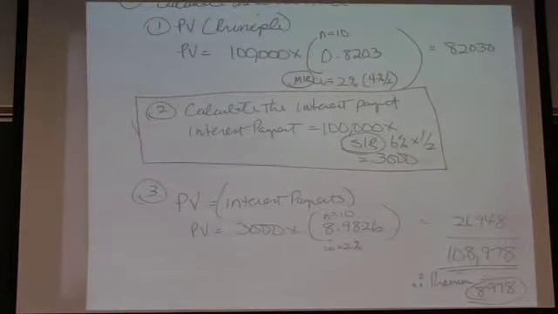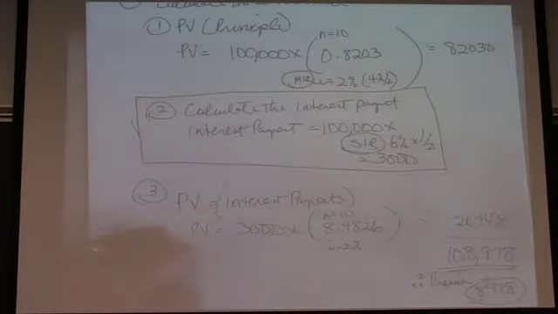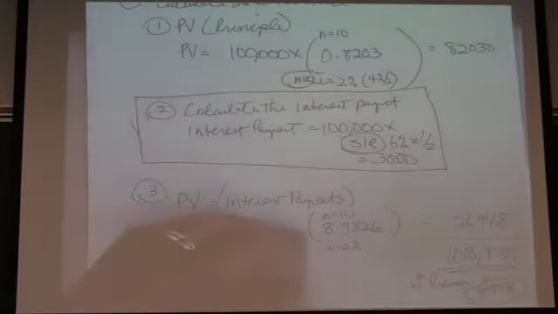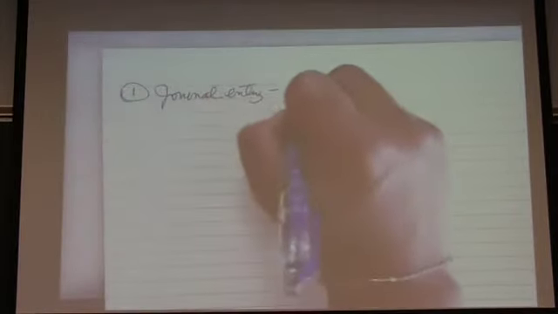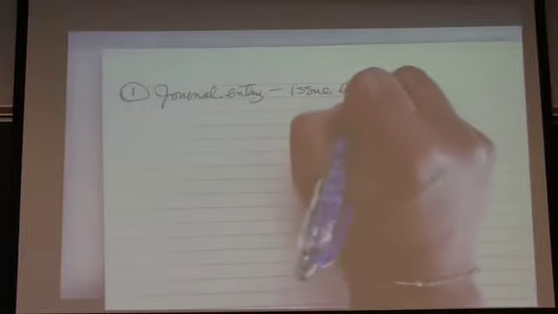Now, normally, again, we're going to do the same exercise. It will ask us to calculate the issue price. So let's do the journal entry for the issue price here, on the next page.